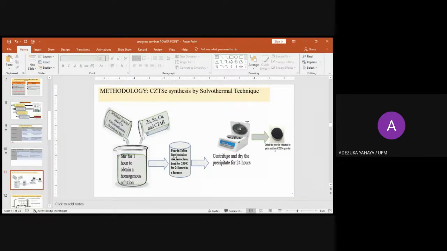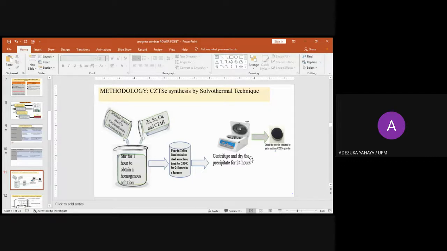Then I put it in a Teflon-lined autoclave and heated it at 200 to 250 degrees for 24 hours. After that, I centrifuged it so that I can get the precipitate, I mean the desired powder.